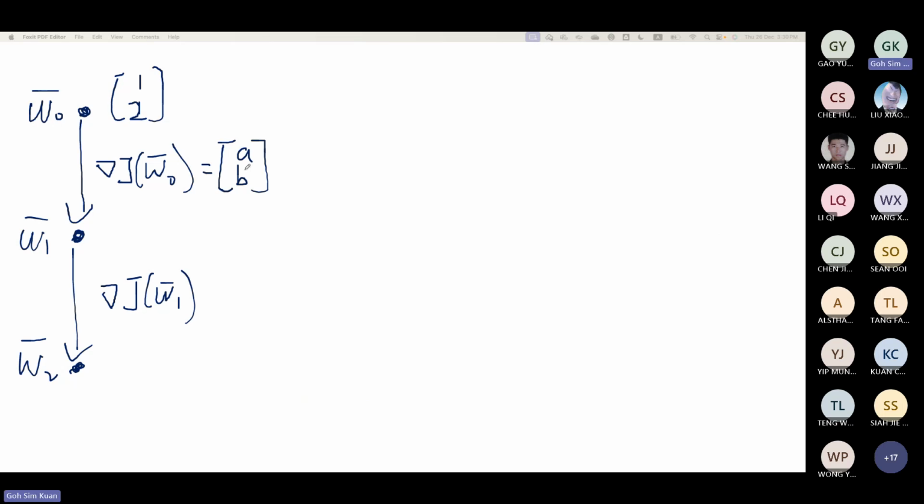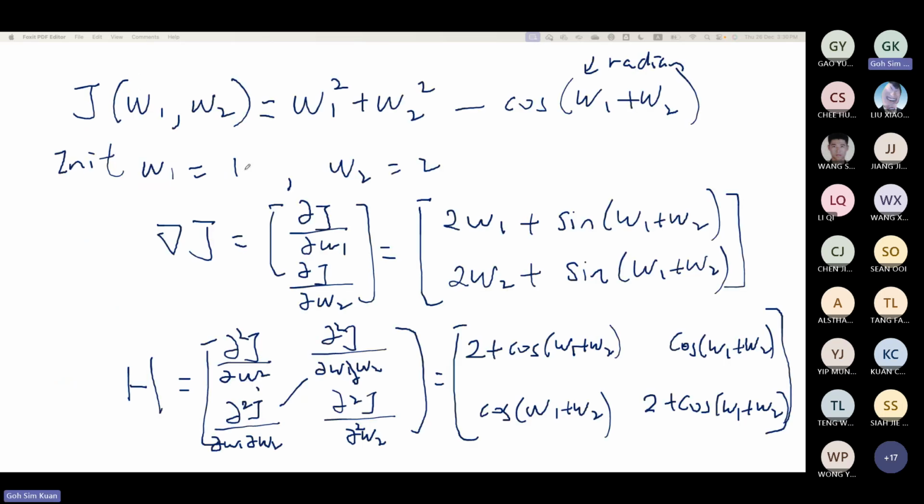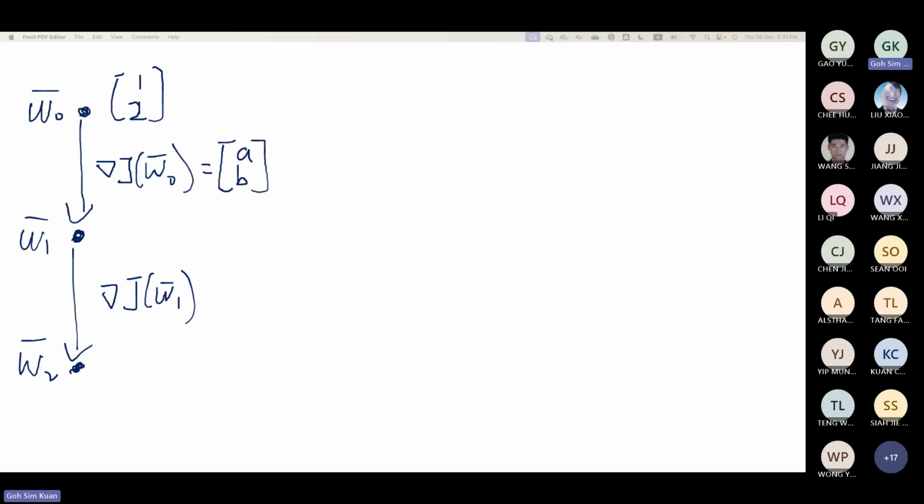So how do we perform gradient descent with this? We need the learning rate also. Usually in the final exam, the learning rate given to you is, let's say, 0.205, our lucky number for this course.